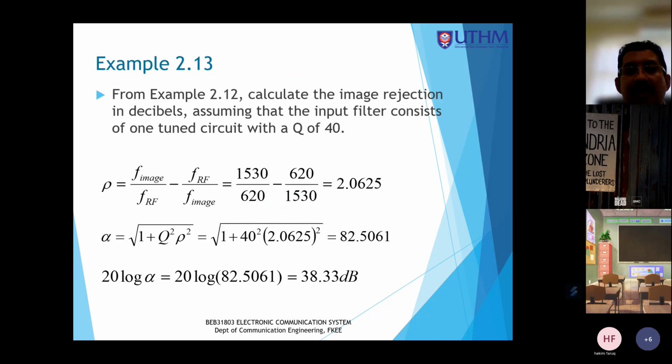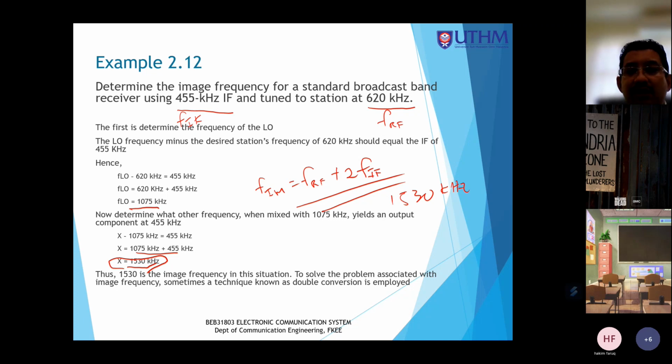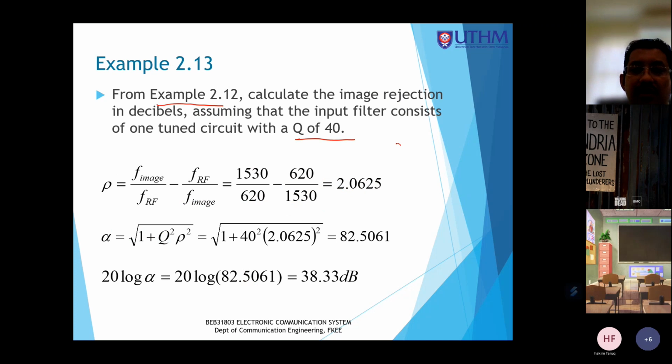In the notes, based on the previous example, find the image rejection ratio in dB, given Q equals 40. From the earlier example, the image is 1530 kHz.